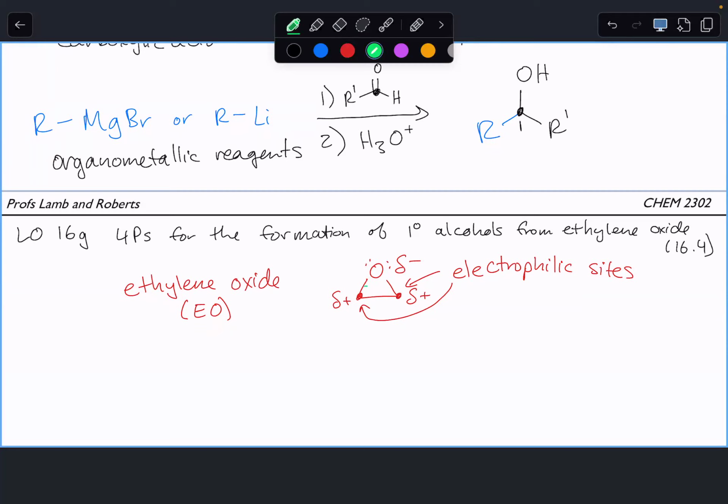So this bond angle is about 60 degrees. That's really small. So you're forcing this molecule into this strained form, which makes it more reactive. Again, we're going to learn more about ethers later, but that's a really special property of epoxides.